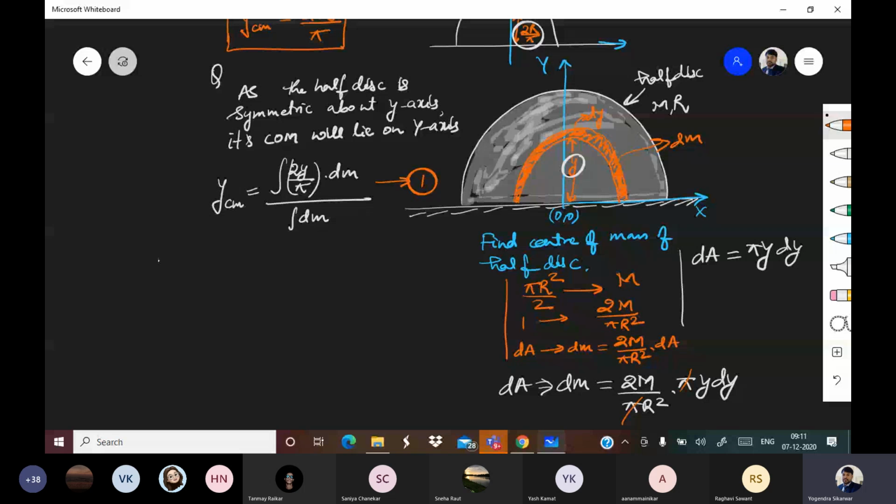When we put these values in equation number 1, we get, pay attention everyone, integration 2 upon pi, in fact that can be taken out because these two are constant.